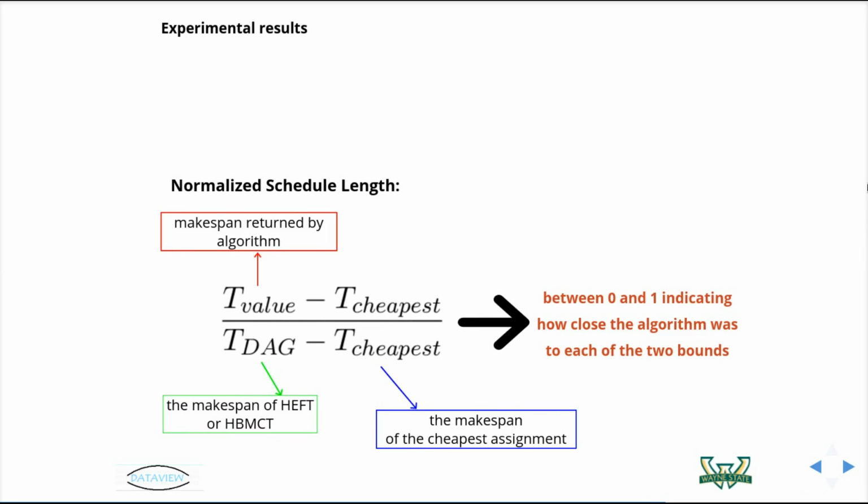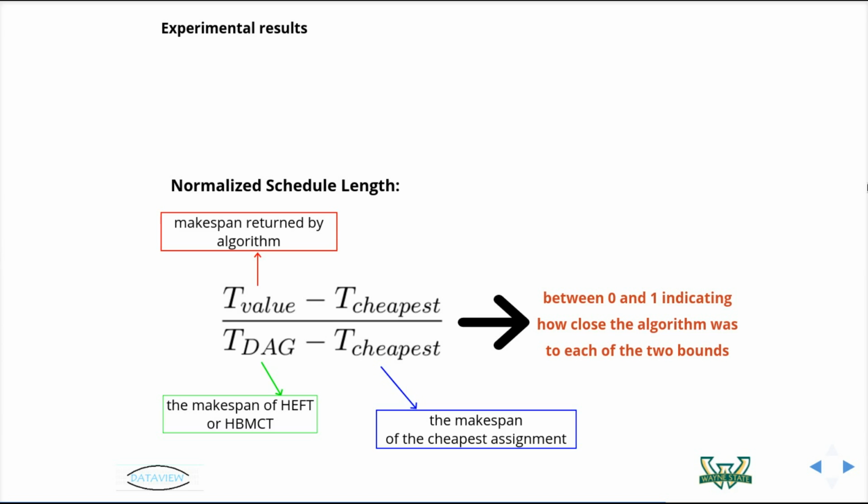So in order to compare the quality of the schedule produced by the algorithm for each of the 6 variants and each type of DAG, since there are 100 experiments, the normalized schedule length will be computed through this equation, where t value is the makespan returned by the algorithm, t DAG is the makespan of HEFT or another type of heuristic algorithm, and t cheapest is the makespan of the cheapest assignment.